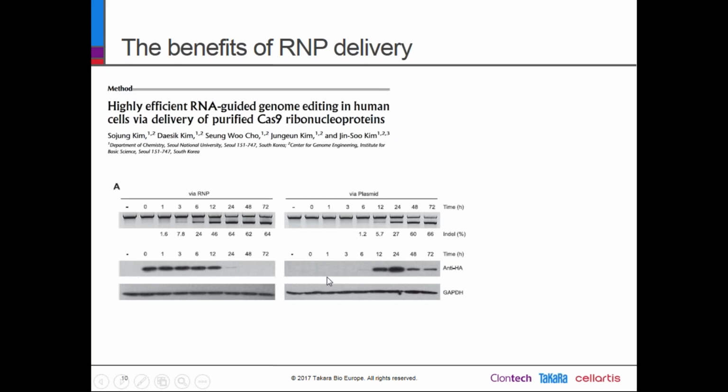Whereas when using plasmid, it takes a little time to get the protein expressed, but then it will hang around for several days in the cell. Now, when looking at the gene editing events, which are shown by the appearance of a lower band on these gels, you can also see that the onset of gene editing is faster when using RNP delivery.